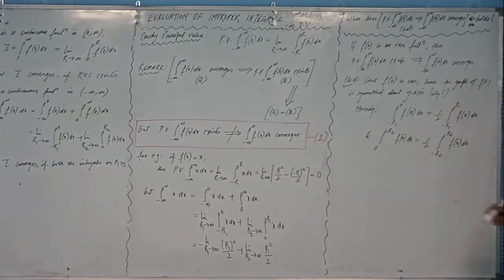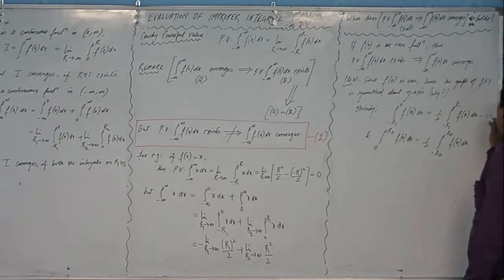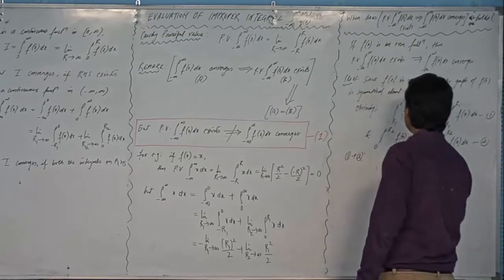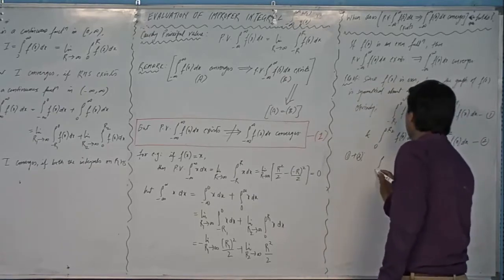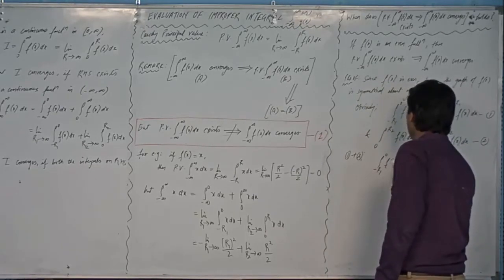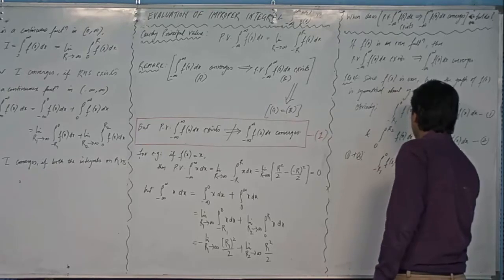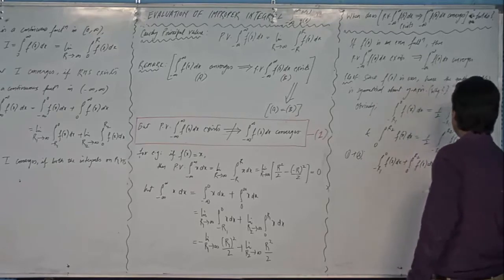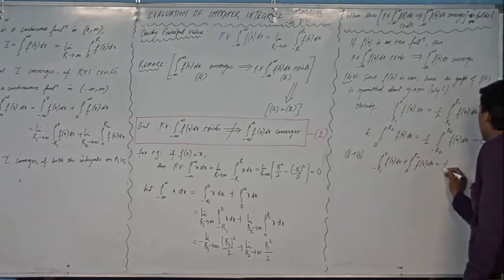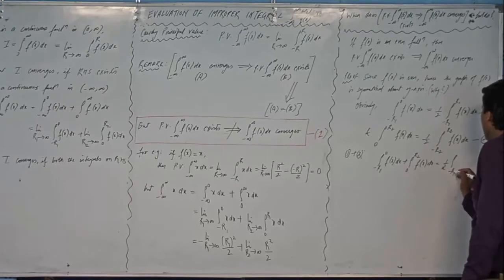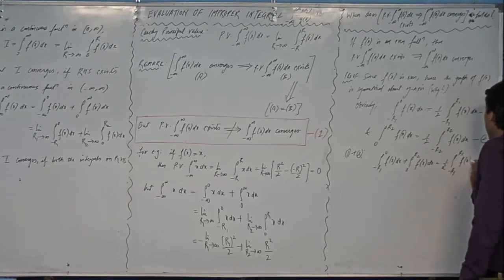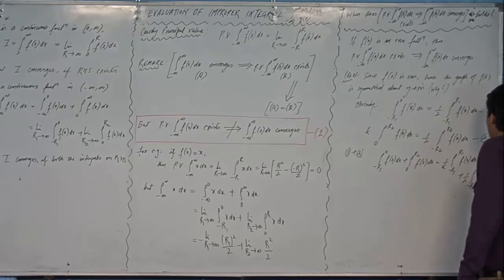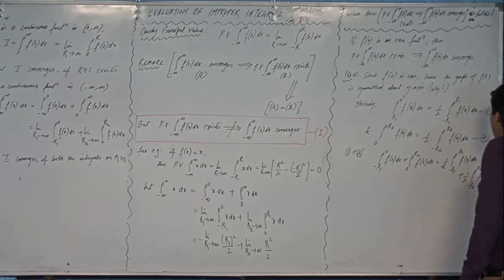So if I add them, first plus second, we'll get minus r1 to 0 f(x) dx plus 0 to r2 f(x) dx equal to half minus r1 f(x) dx plus half minus r2 f(x) dx.